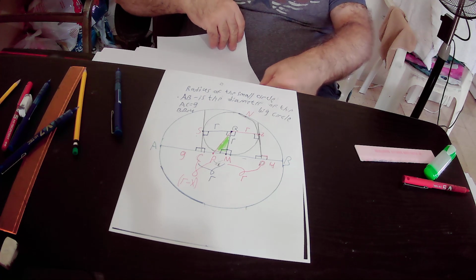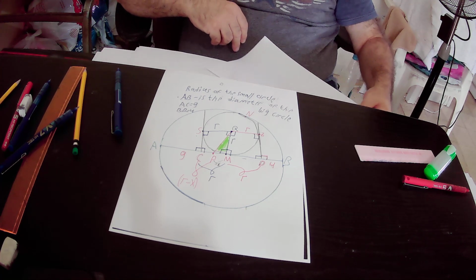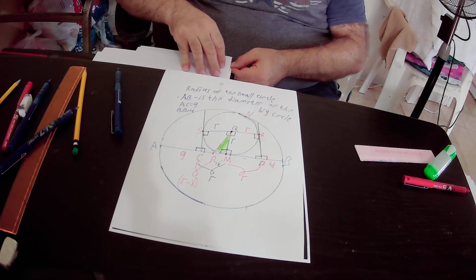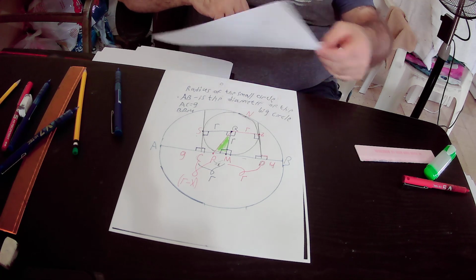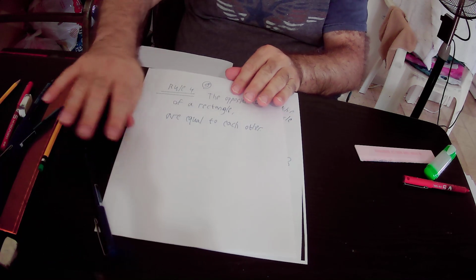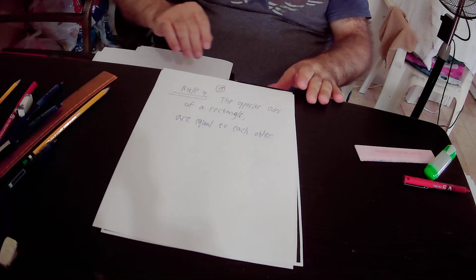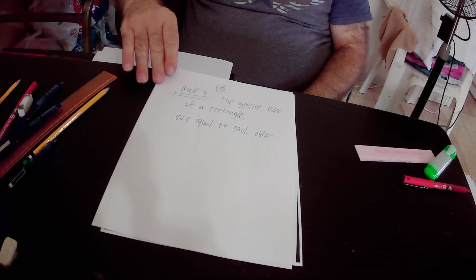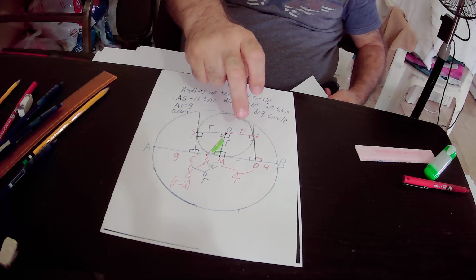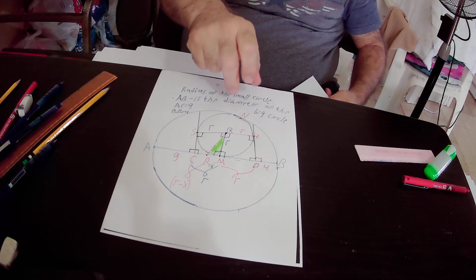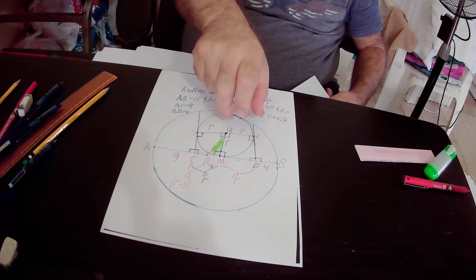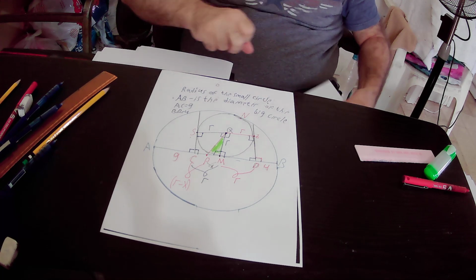Okay, and we have rule number 4 that states that the opposite sides of a rectangle are equal to each other. So actually, according to rule number 4, QZMD, that is a quadrilateral, has two opposite sides that are equal to each other. That is to say, QZ is equal to MD.